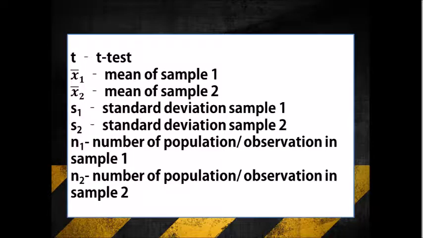X sub 1 is the mean of sample number 1. X sub 2 is the mean of sample number 2. S sub 1 is the standard deviation of sample number 1, while S sub 2 is the standard deviation of sample number 2. N sub 1 is the number of population or observations in sample number 1, while N sub 2 is the number of population or observations in sample number 2.